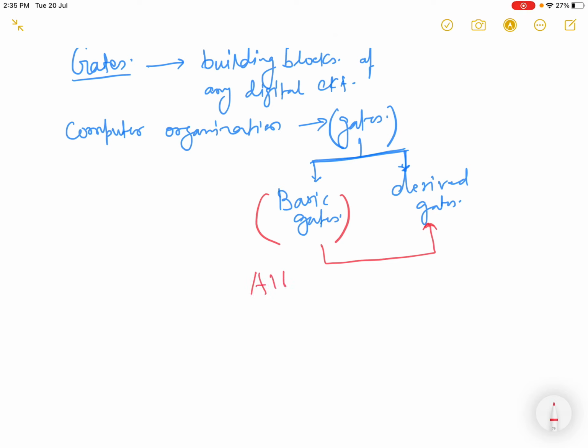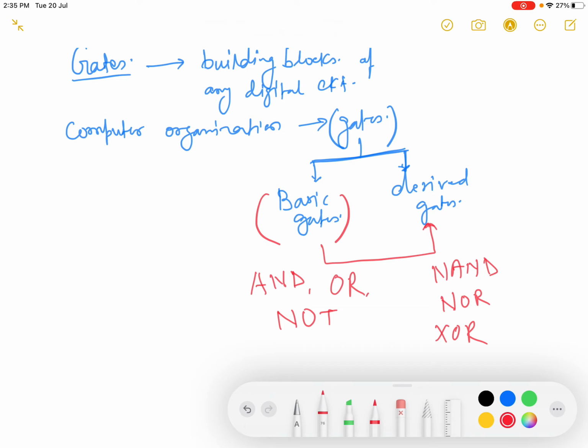AND, OR and NOT are termed as basic gates. And what are derived gates? It is NAND, NOR, XOR. So these are derived gates. Okay. So let us understand.